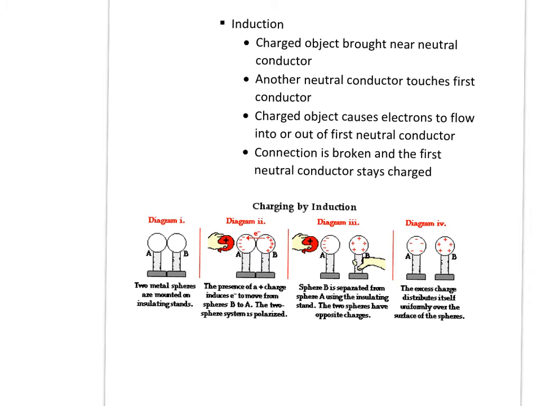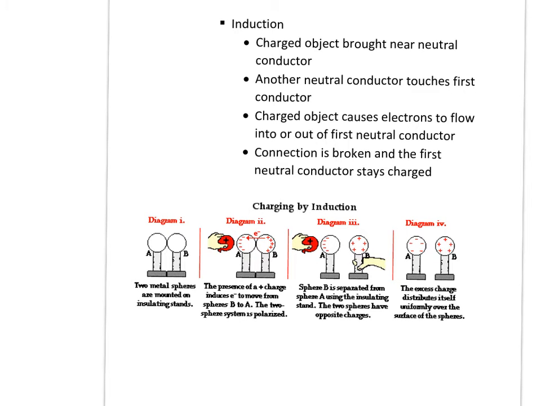All of the electrons from this one are coming over here, so this is becoming positively charged. This second neutral conductor is now positive, brought away because the electrons went into the first, and then the positive charge, which was never touching, is taken away. So the first sphere became negative, and the second sphere became positive.